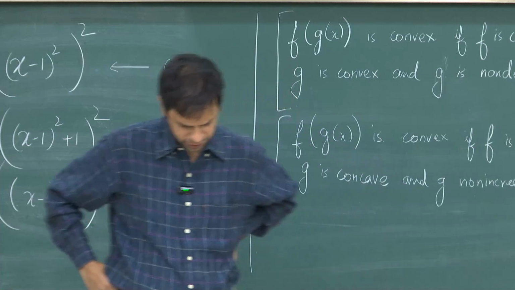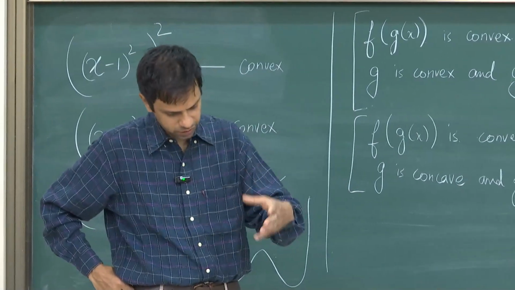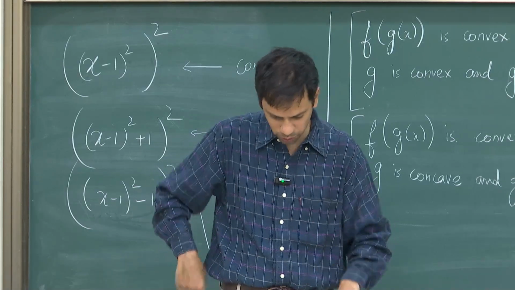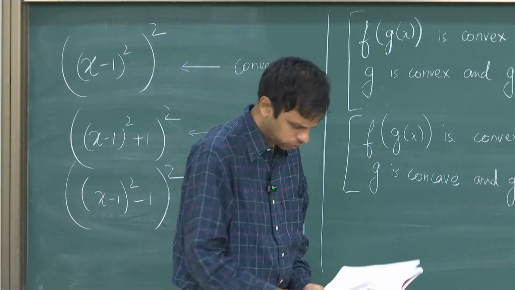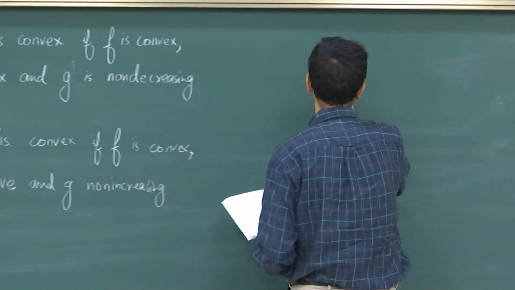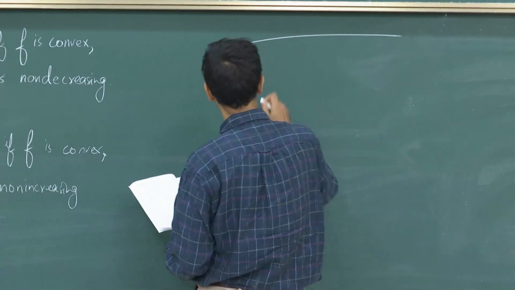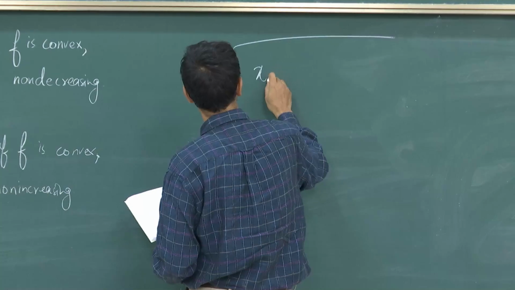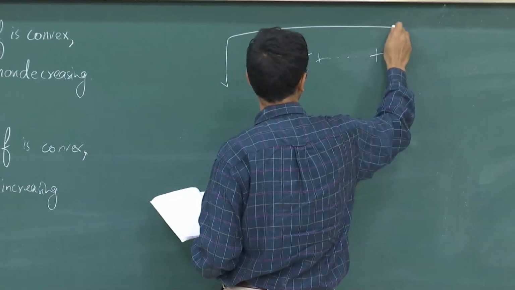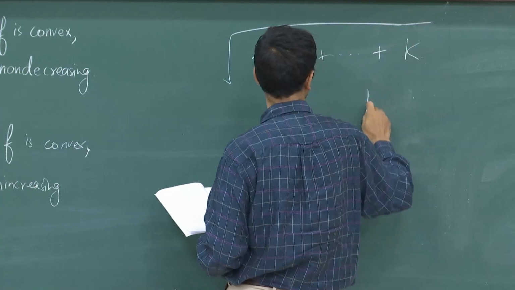Let's see some other functions and see if we can tell what about them. Okay, so this is a very common function, x1 square plus x2 square plus some constant k, where k is greater than 0.